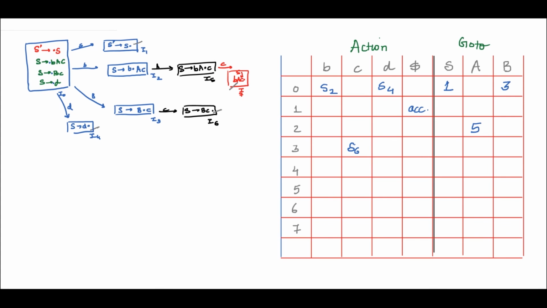Let's leave the final state for a while now. Let's consider I5. I5 on c takes me to I7, so I'll write down S7 here.